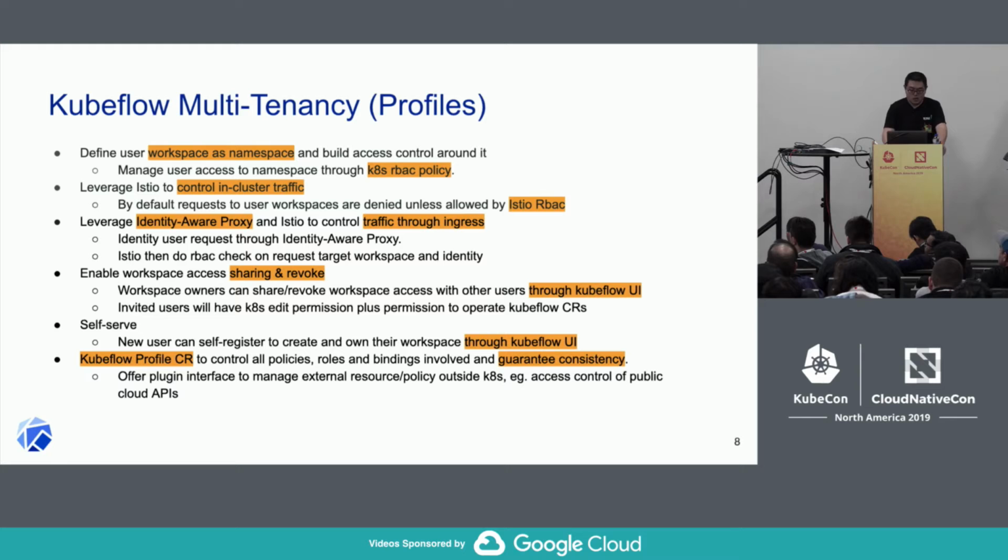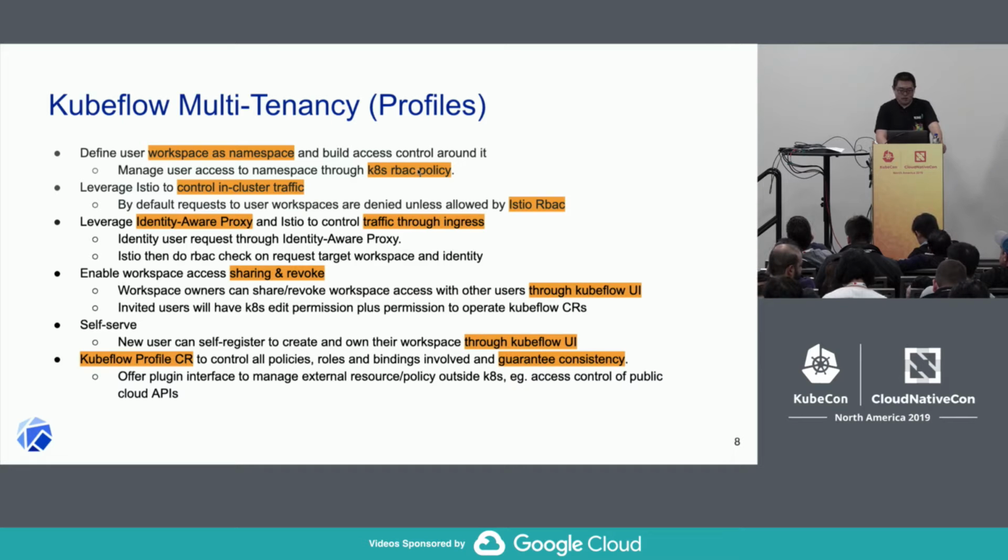So now it comes to our current choices. Inside Kubeflow we have a new CR called Profiles to manage the access control and policies. We define a user workspace as a namespace and build access control around it. The access control to the namespace is controlled through a Kubernetes RBAC policy.